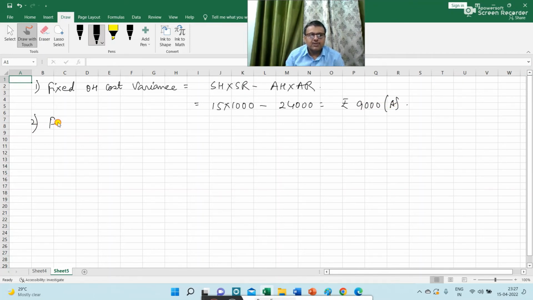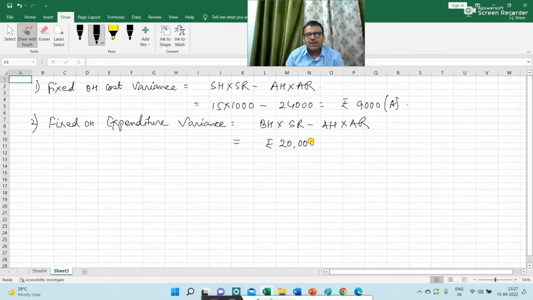Next will be fixed overhead expenditure variance. So this is equal to budgeted hour into standard rate minus actual hour into actual rate. So your budgeted overhead is already given in the question as 20,000 and your actual overhead is rupees 24,000. So the fixed overhead expenditure variance will be 4,000 adverse.